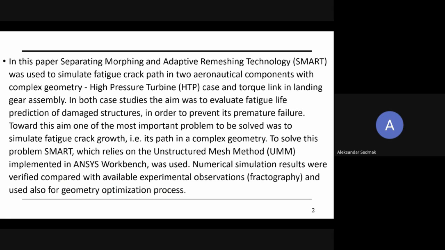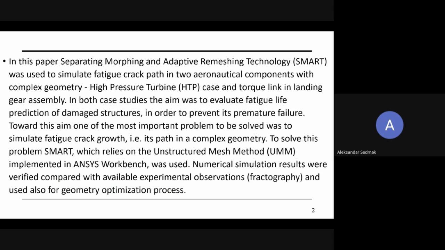And here I will present two case studies. Both are aeronautical components and both have complex geometry. One is a high temperature and pressure turbine casing, and the other is a torque link in a landing gear assembly. In both cases we actually saw cracking.